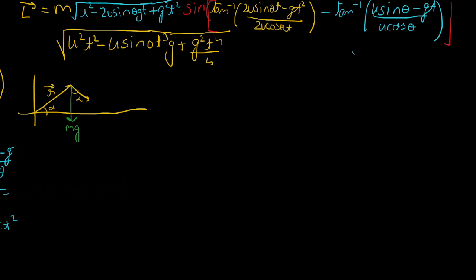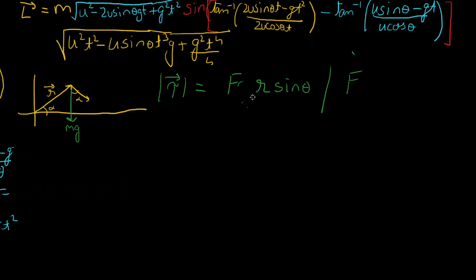Since we know that the magnitude of torque is given by force into perpendicular distance, force into r sine theta. This is not the vector cross product, this is a regular mathematical product, so I'll just write it as F r sine theta.